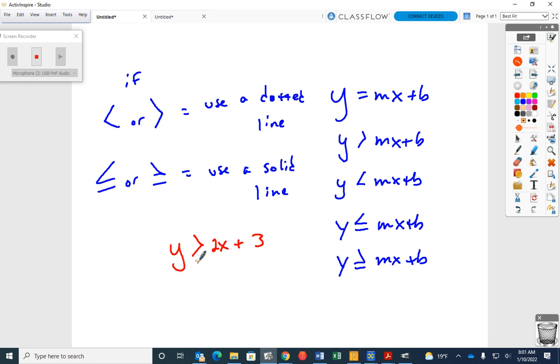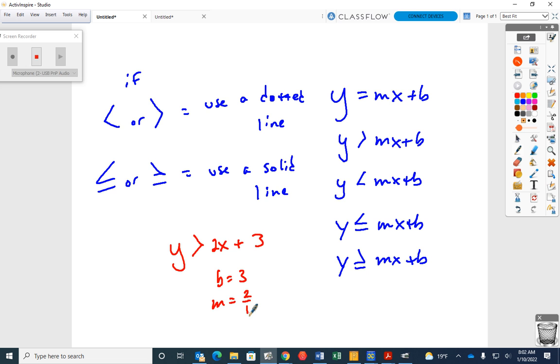Is y by itself here? Yeah, we're okay. So can I identify my y-intercept from this? I can. What's my y-intercept? 3. So my b equals 3. And what's my slope on this inequality? 2, and I have to represent that slope as a fraction, so that's 2 over 1. Does everybody understand that? That's not new, is it?